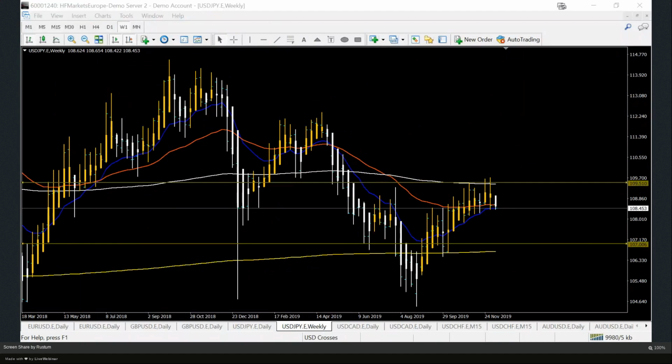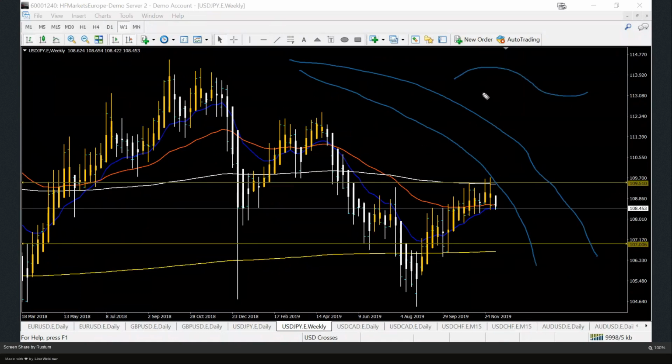I showed you in the beginning that the weekly shows you when the EMAs are fanning out. It means that price is probably trending. And when they are intertwined, they are probably in a ranging market. They are parallel here, so they are not trending anymore.